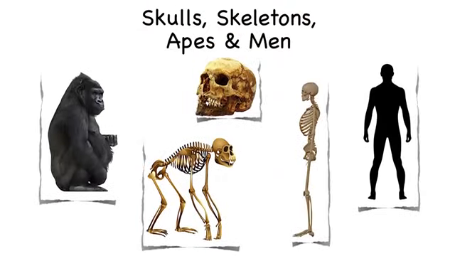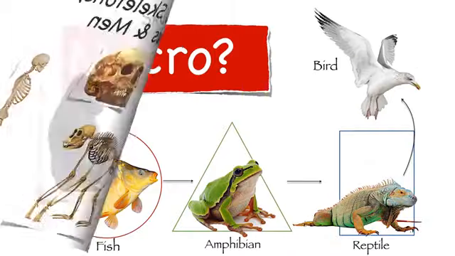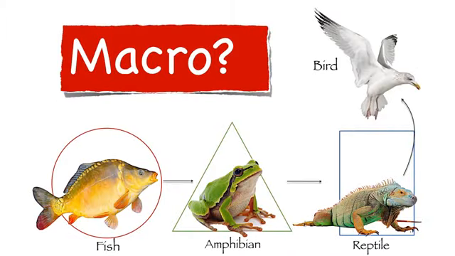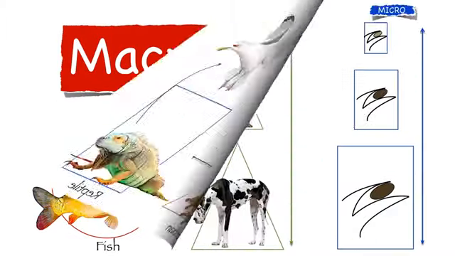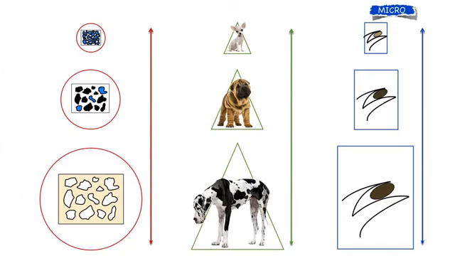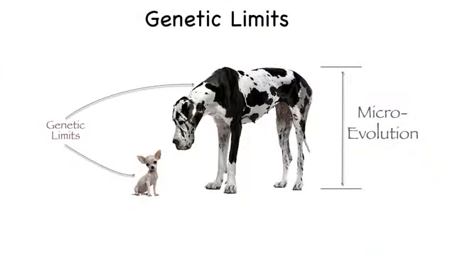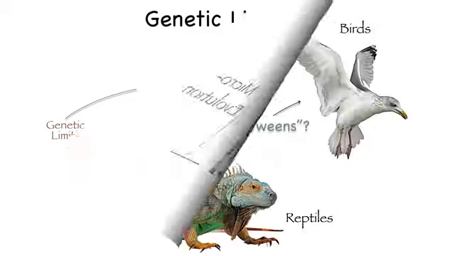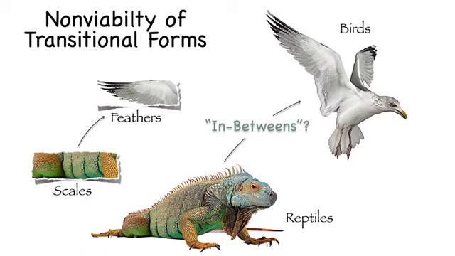In the bonus videos that we'll have for you on evolution, we'll be talking about apes, DNA, skulls, and skeletons. We'll learn about the significant difference between macroevolution and what is known as microevolution. We'll also talk about genetic limits, visit this little guy, the Chihuahua, and the Great Dane, and we'll also see how things just don't add up for natural selection as you study the evidence.